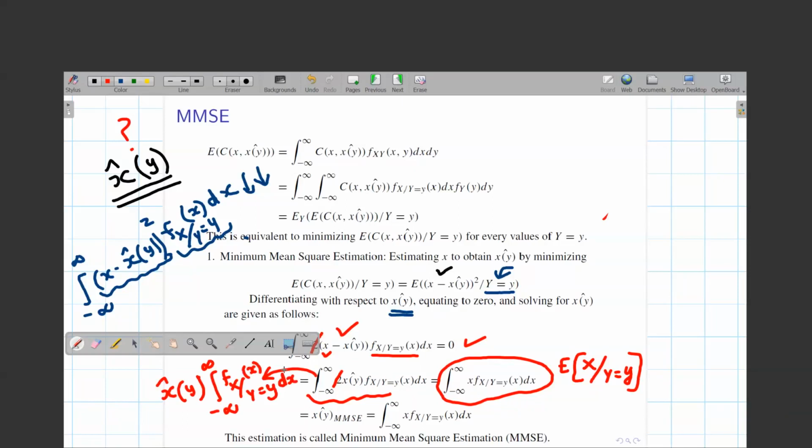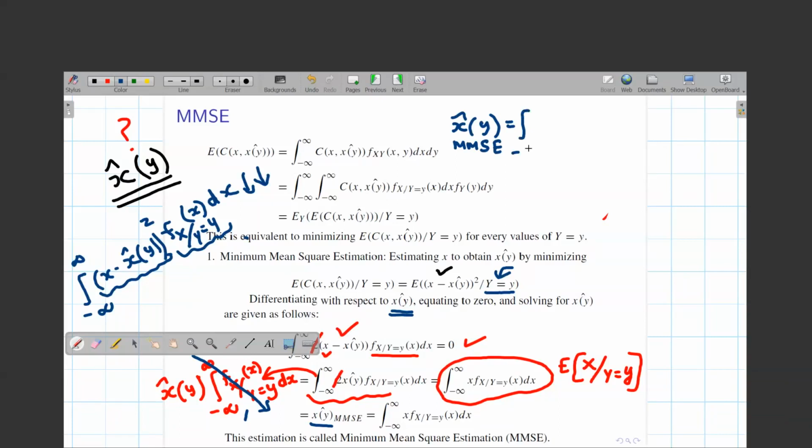So x cap of y is simply the solution we need for the MMSE, and that is going to be the conditional mean.